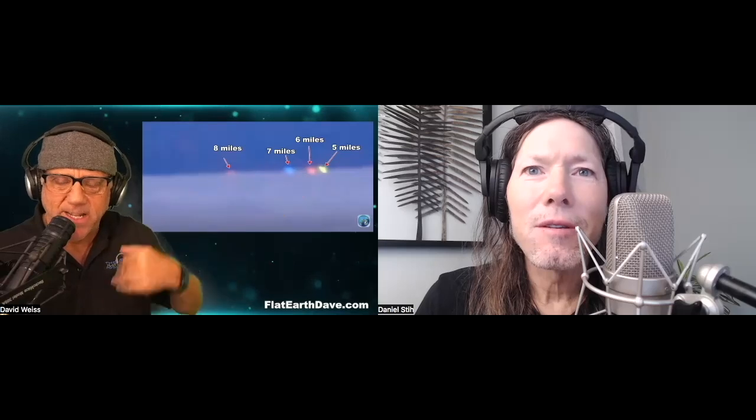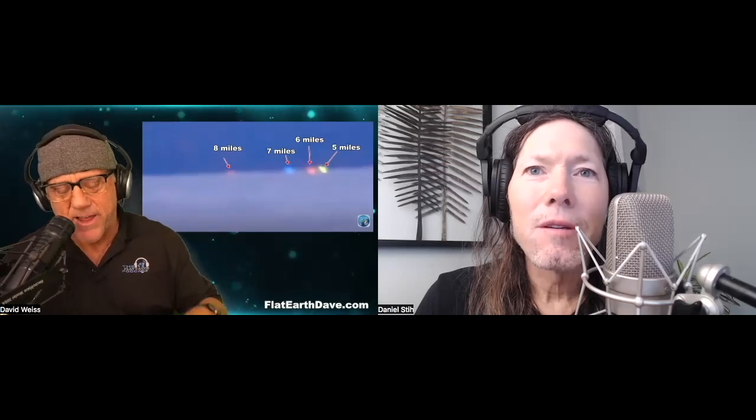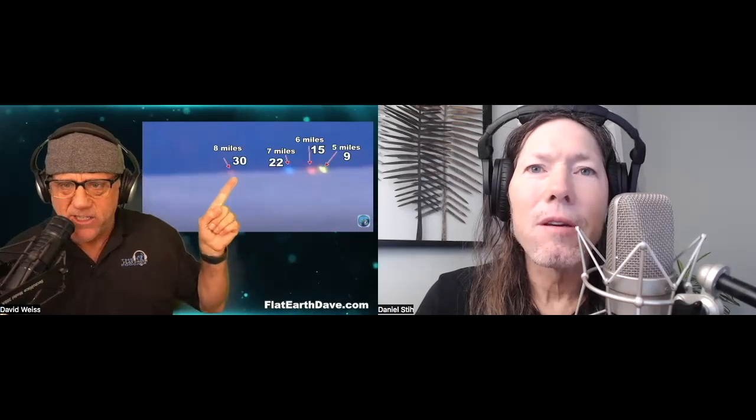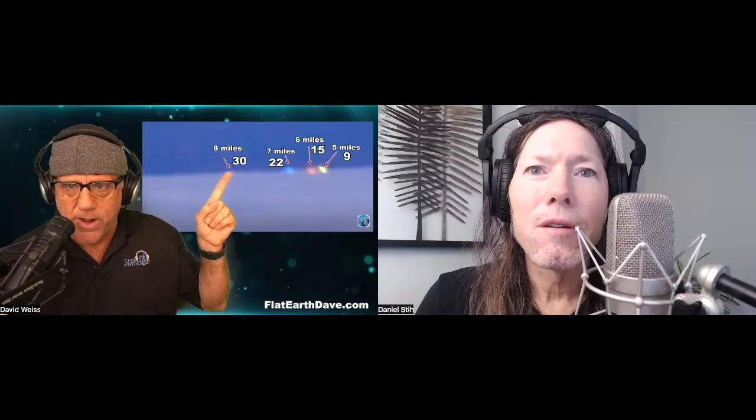So we've done measure tests with lasers, with mirror flashes, with just sightings, and I'm going to show you one right now. These lights here are 8 miles, 7 miles, 6 miles, and 5 miles away. Now, that doesn't sound far, but according to globe math from a 6-inch observer height, this should be 30 feet below a physical curve.